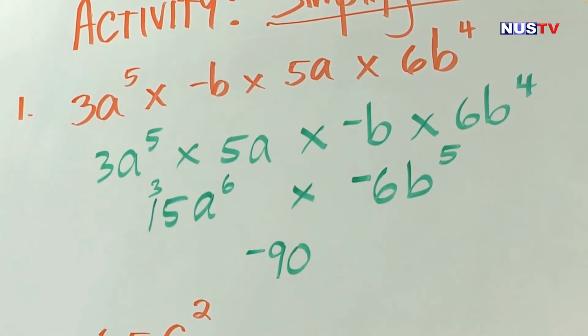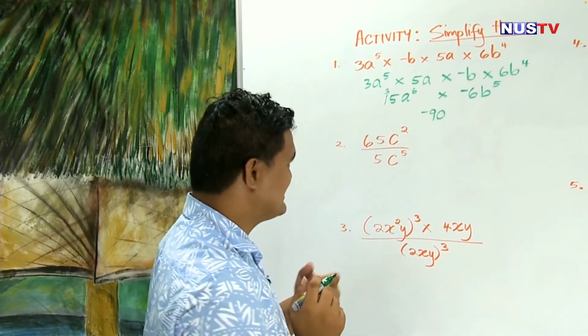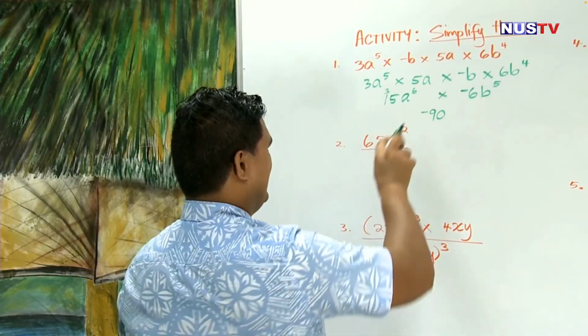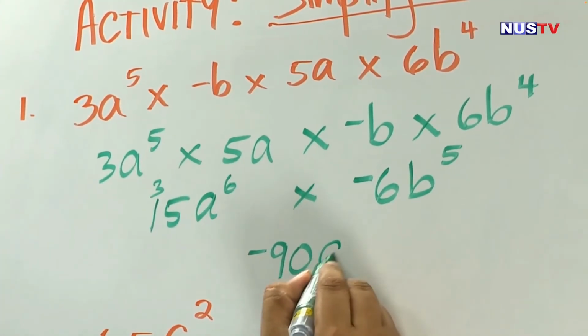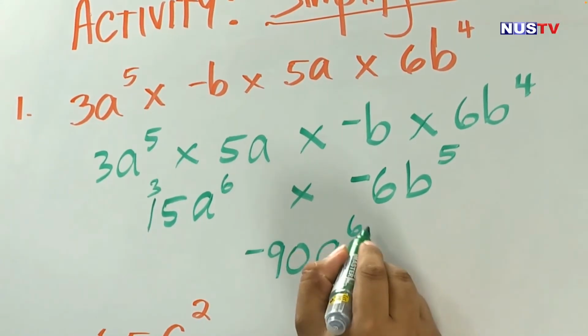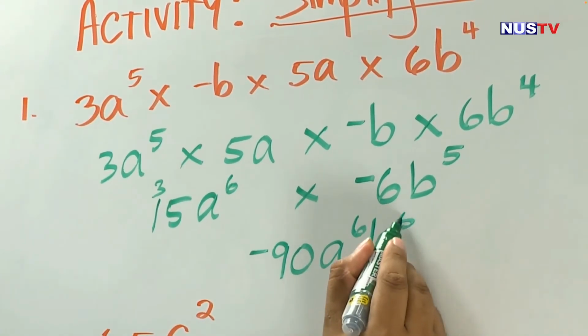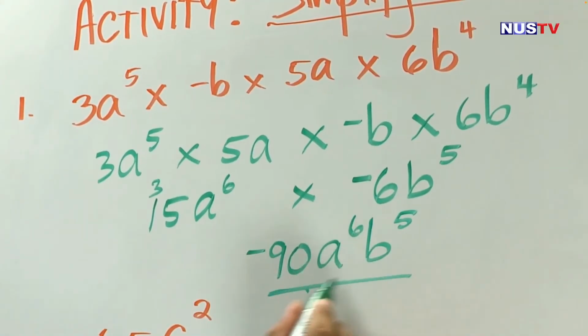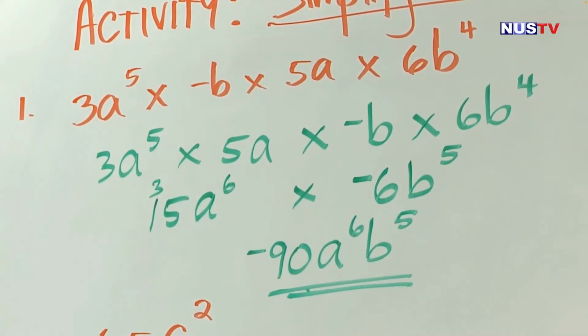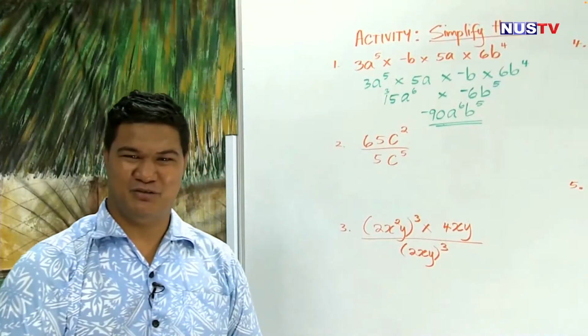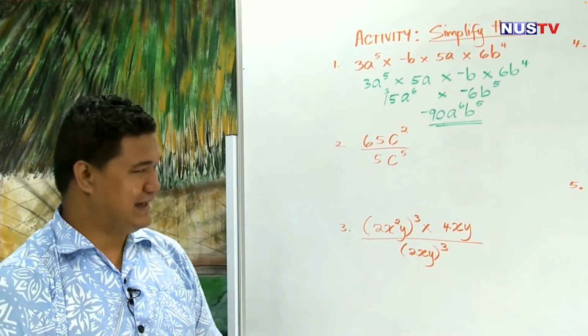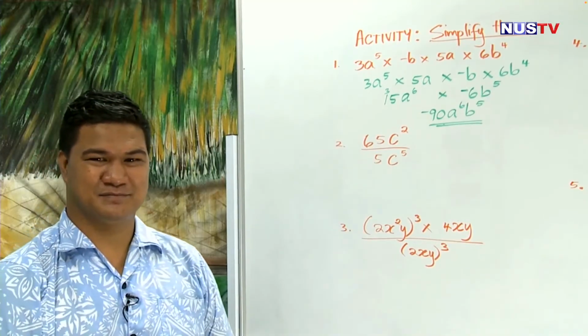So 15 times negative 6, the answer will be negative 90. And a to the power of 6 times b to the power of 5 will remain the same. So the final answer will be negative 90 a to the power of 6 b to the power of 5. And that is the answer for our number 1.